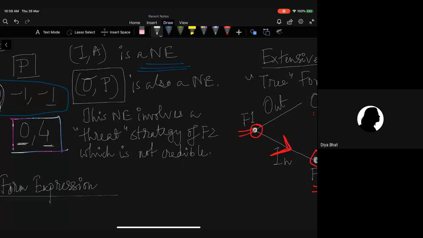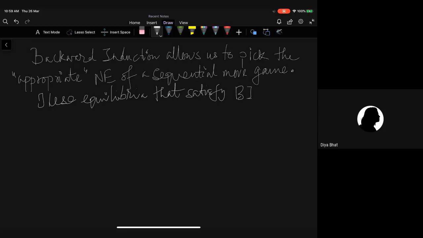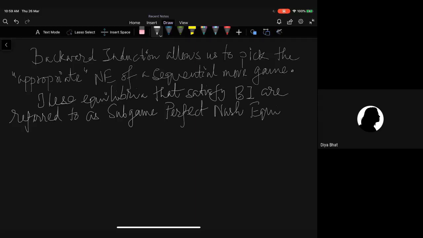This subset of Nash equilibria that satisfies backward induction we will refer to as subgame perfect Nash equilibrium, or SPNE in short.